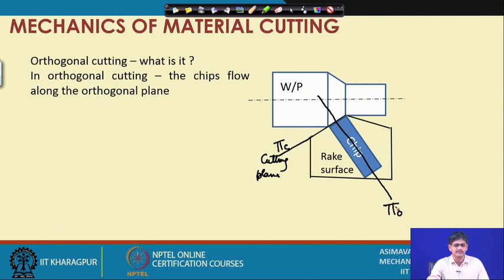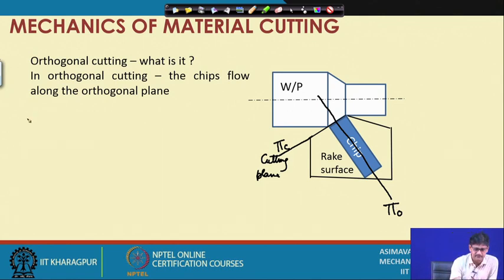In case of orthogonal cutting, the chips flow along the orthogonal plane. Now, is there any reason for which chips will not flow along the orthogonal plane? Yes, there are a number of reasons, and the major reason is that the inclination angle might not be 0.